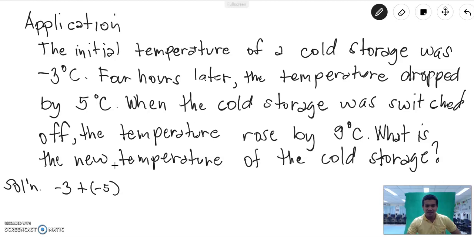And then after that, when the cold storage was switched off, the temperature rose, so we will add 9. So what will be the new temperature now? The new temperature will be negative 3, negative 5, so that is already negative 8. And then plus 9. So therefore, we will have now 1 degree Celsius. So using the line graph, we can determine that one. So we have the line graph.